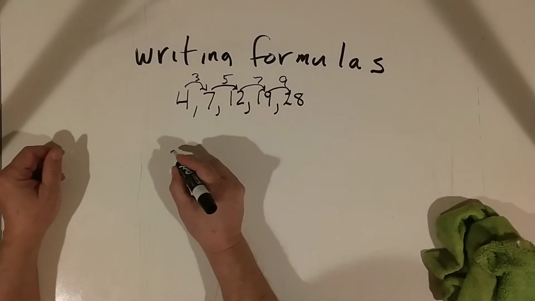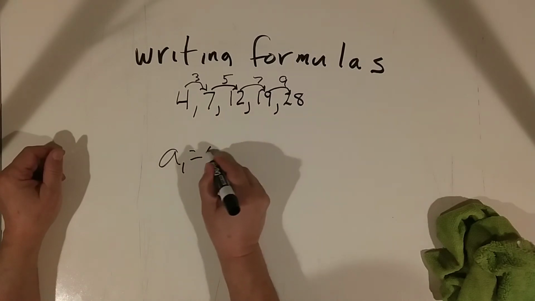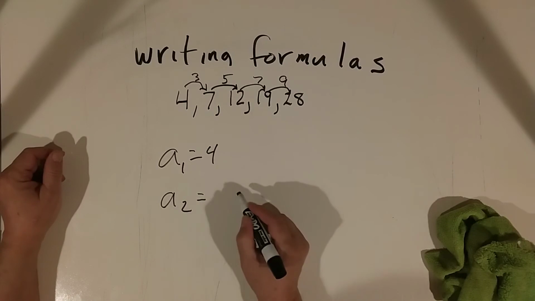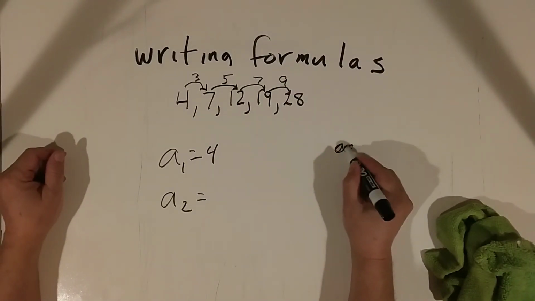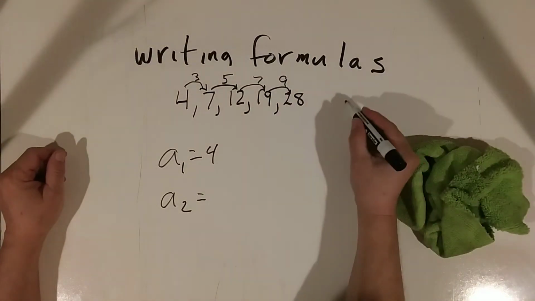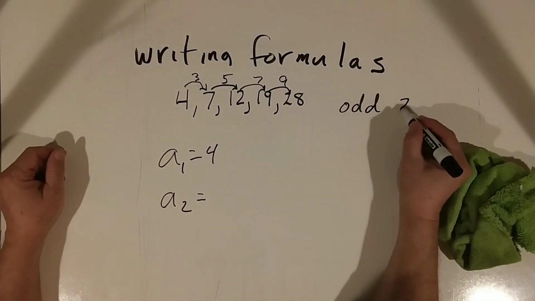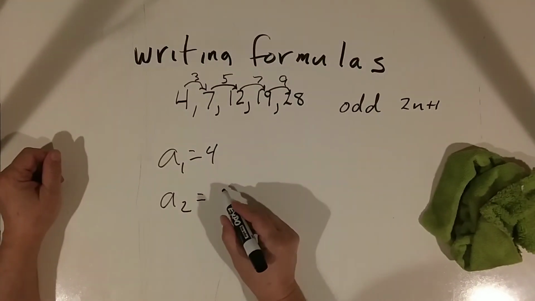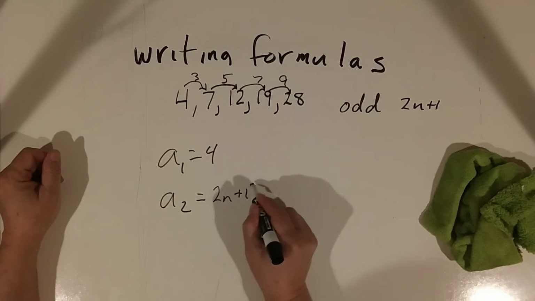Well, we know a sub 1 is 4. Then a sub 2, now we're adding odd numbers. Odd numbers generally mean 2n plus 1. So I would have 2n plus 1, that's an odd number.